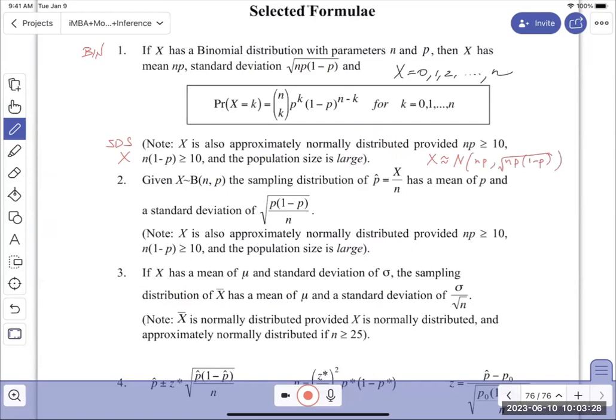So again, those parameters are all you need to describe that variable.